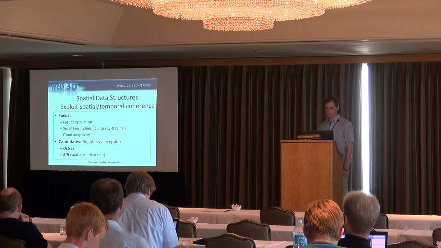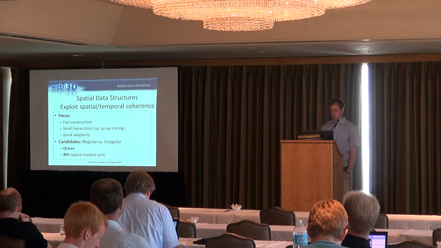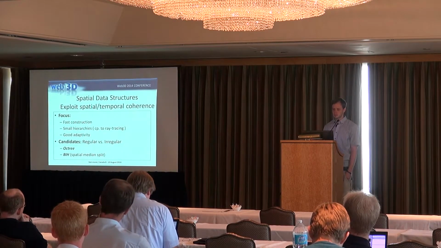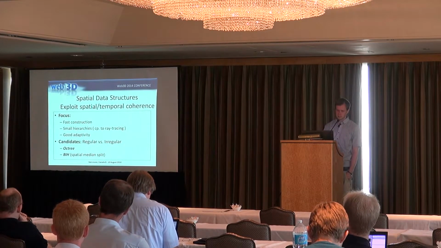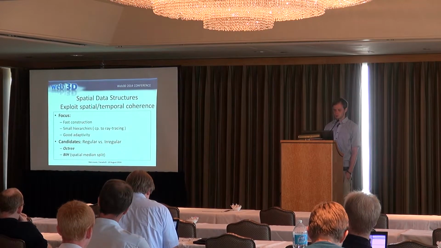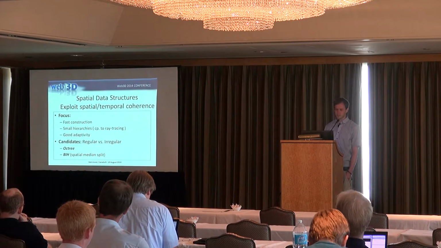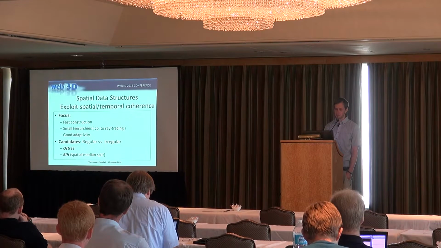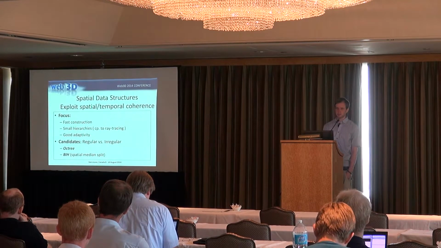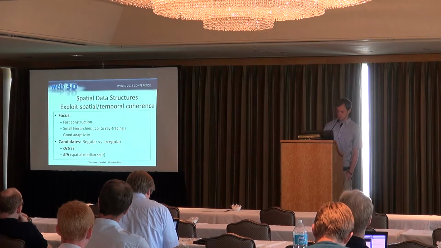There are two classifications of spatial data structures, regular and irregular ones. We picked a candidate from both classes: the octree for the regular ones and the bounding interval hierarchy for the irregular ones. As a building heuristic, we used spatial median split.